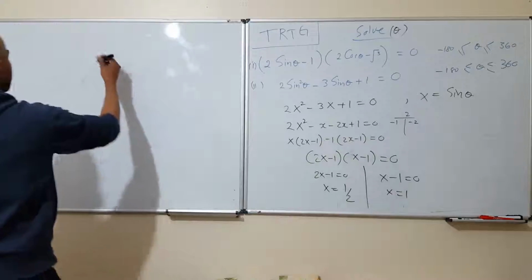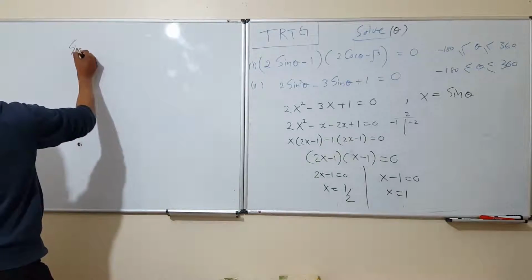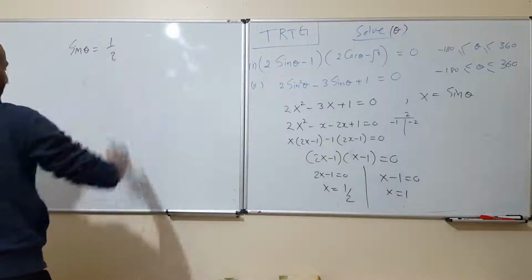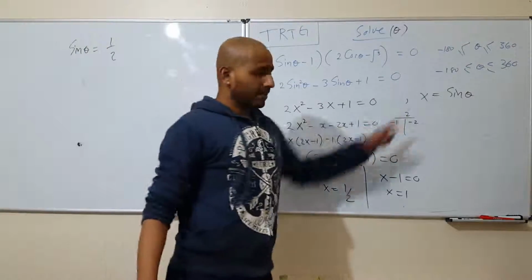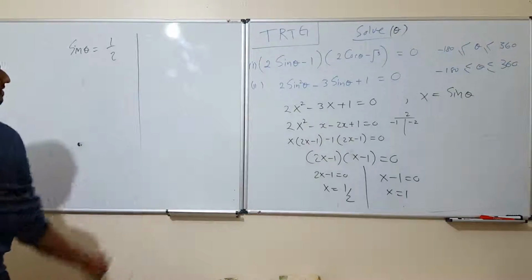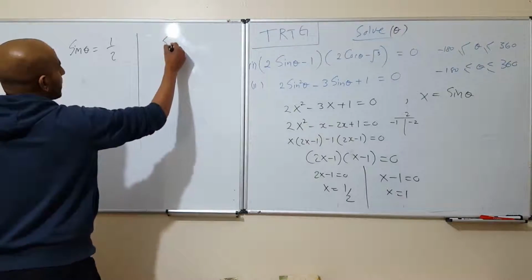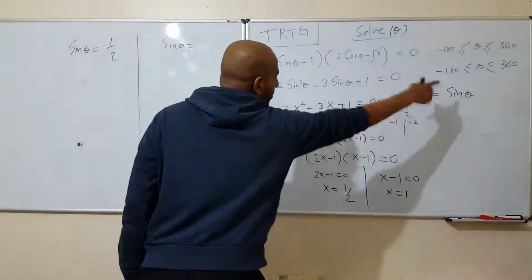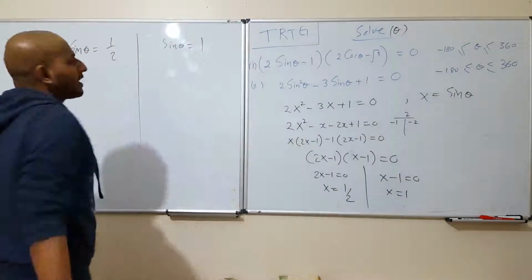I'm going to go back to the original equation. Sine theta then must be equal to half now. The reason is because x equals sine theta. And we have another portion of it also saying sine theta must be equal to 1, because why? x equals sine theta. Now we can solve it again.